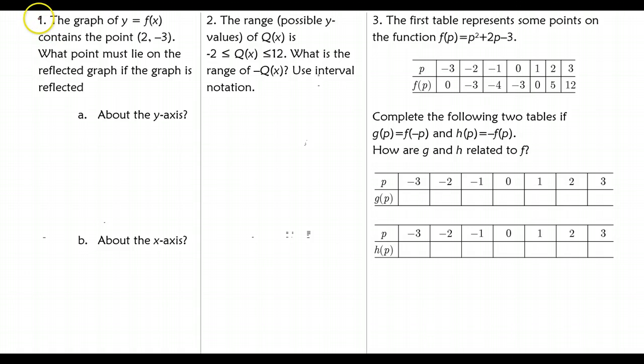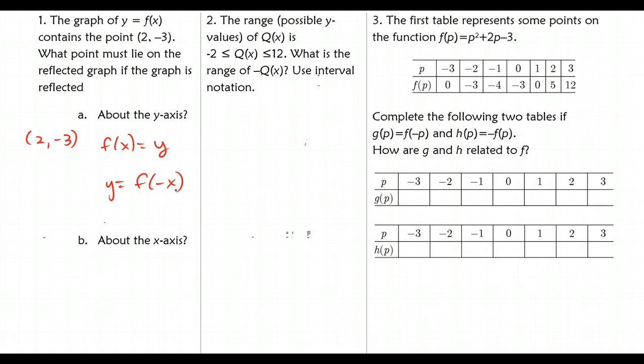It's a good thinking question, but basically we're going to take the point (2, -3) and reflect this point about the y-axis. So if you recall, if you reflect about the y-axis, y equals f of x now becomes y equals f of -x.